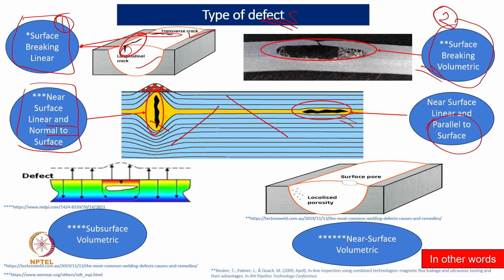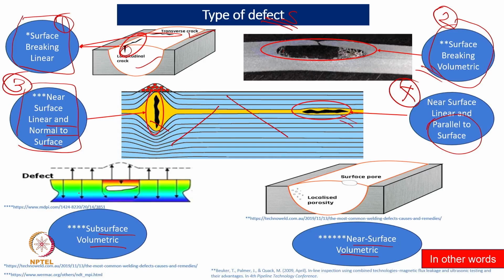However, in this case, because it is below the surface and not visible to us, we really require good techniques. So, this is maybe the third kind of crack, and this can be the 4th type of crack. Now, coming to the subsurface volumetric crack, it is also a big kind of volume, a kind of void below the surface, that is a possibility. Now, coming to the near surface, this is a subsurface.